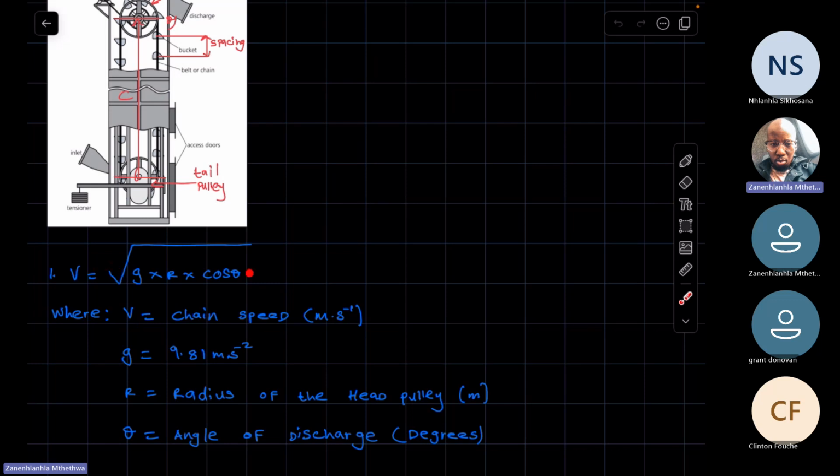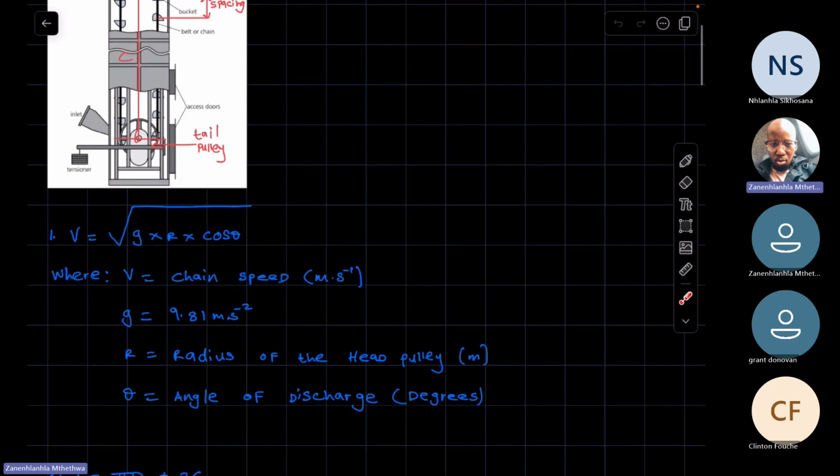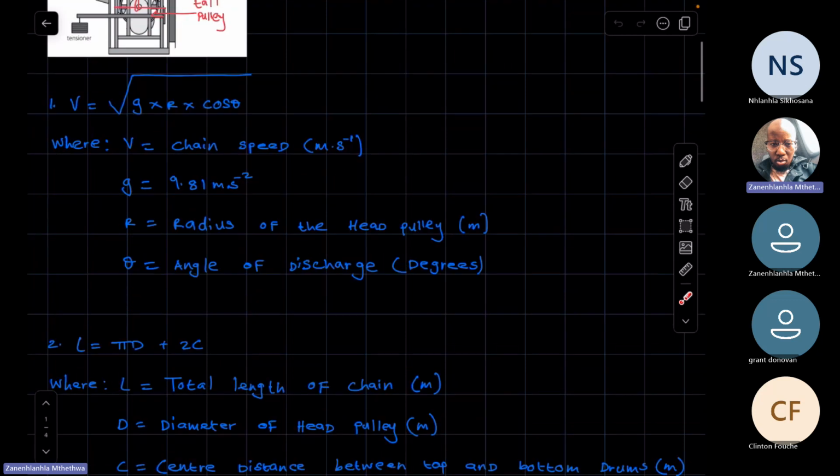So if you've been given the chain speed and the angle, then you can work out the R, and from R we can get the diameter by multiplying R by 2. So that's one of the formulas you can expect to use.